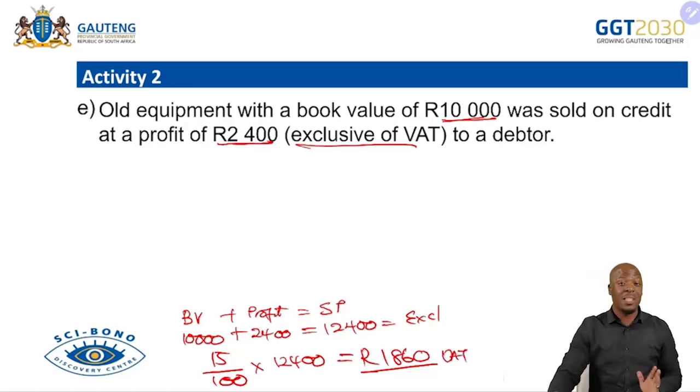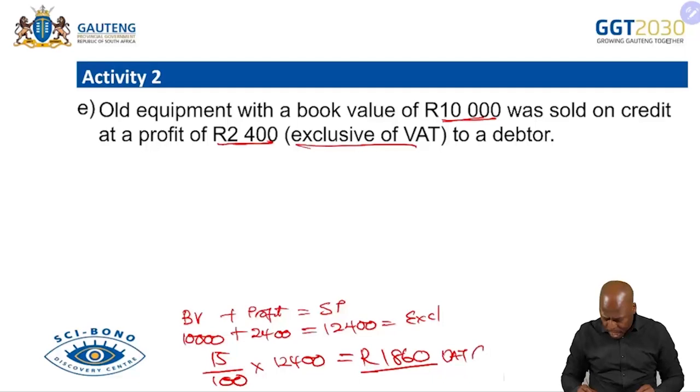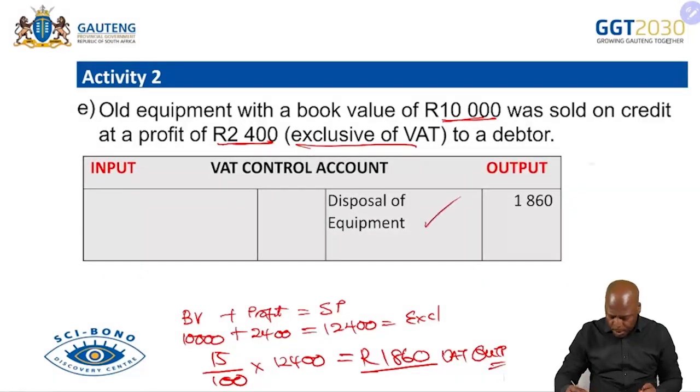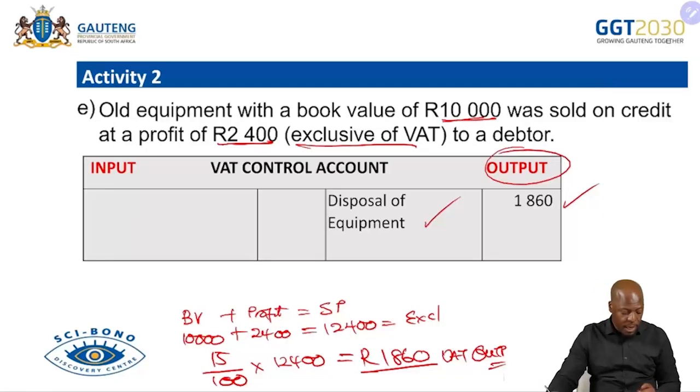1,860. The next question then is, is it input or output? Just look at the direction. We have sold the equipment. So therefore it becomes output. There is my disposal of the equipment, 1,860 on the output. This is information E. Let me see if I still have more.